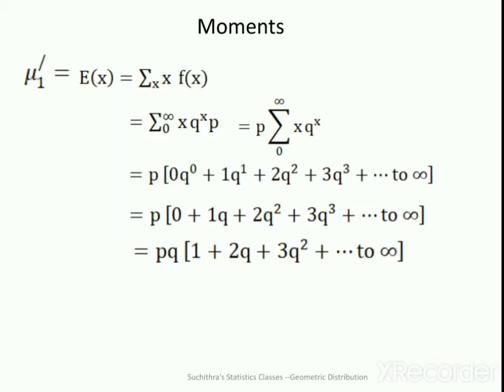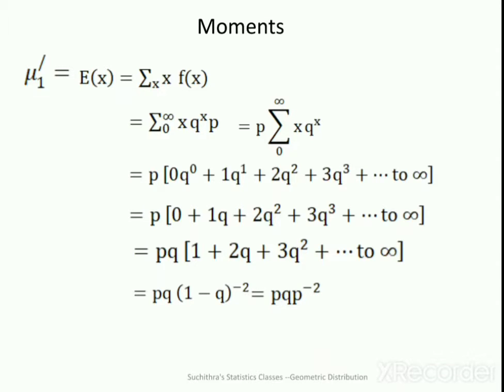Take a q outside from this one. So we have pq times 1 plus 2q plus 3q squared plus etc. And we know that 1 plus 2q plus 3q squared plus etc. is equal to (1 minus q) raised to minus 2. Therefore, it is equal to pq times (1 minus q) raised to minus 2. And what is 1 minus q? 1 minus q is p.